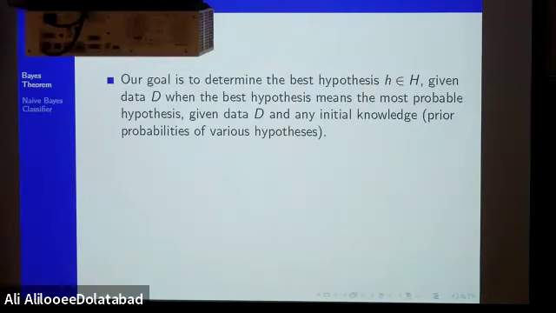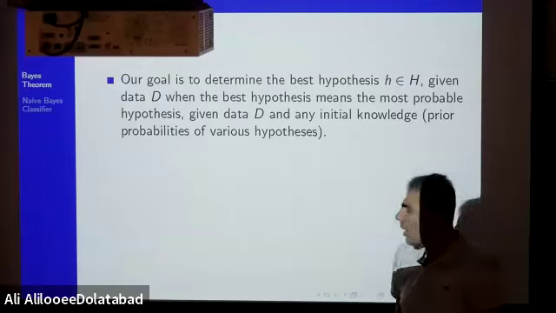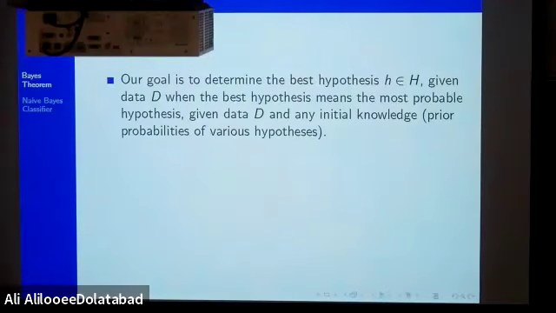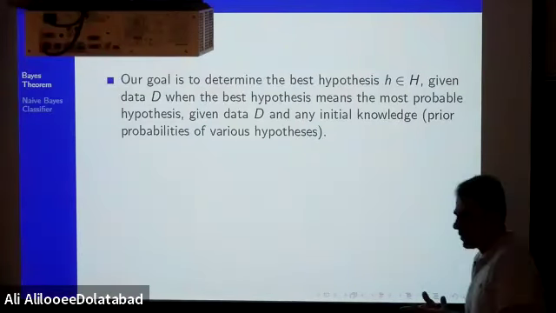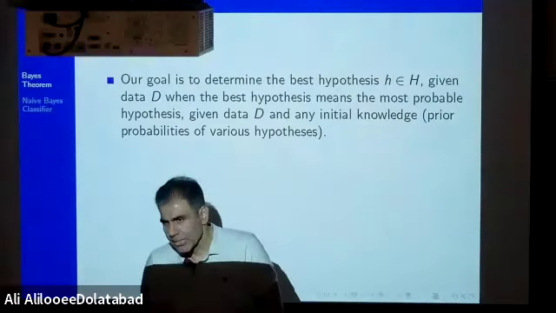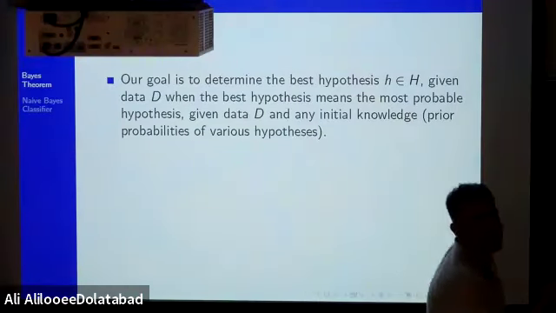Our goal is to determine the best hypothesis given data, where the best hypothesis means the most probable hypothesis given the data and any initial knowledge, the prior probability of the various hypotheses. Something that we want to do here is to find the best hypothesis by using the data.